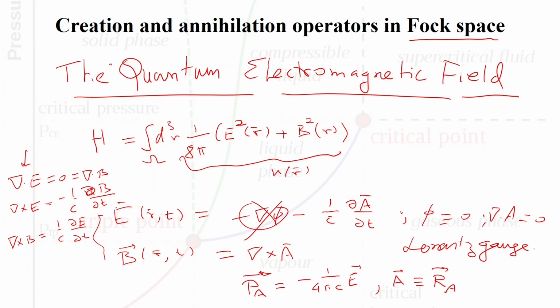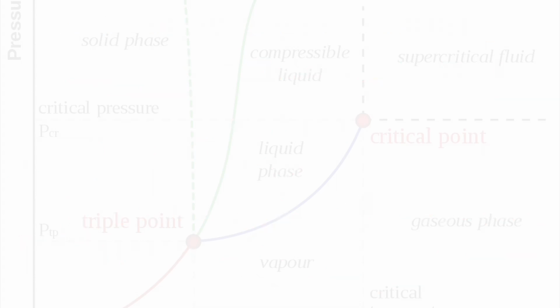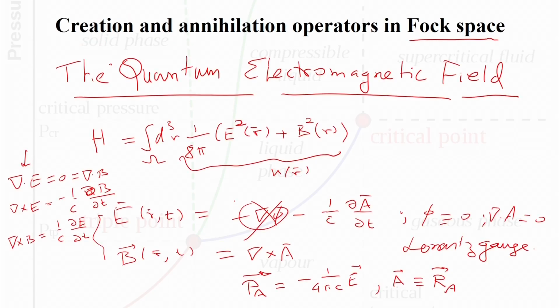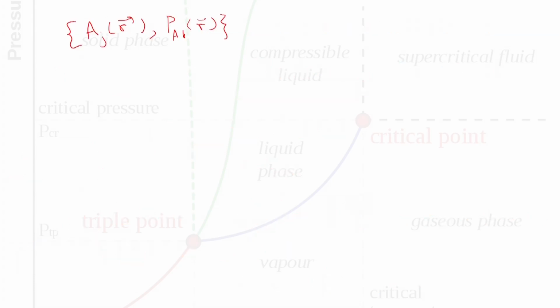Why this is so, I am going to defer to some other course. It so happens that you can verify that the jth component of the vector potential, its Poisson bracket with the kth component of the electric field, that is what P is. P is the canonical momentum which I have identified with the electric field, apart from this constant, minus 1 by 4 pi c.